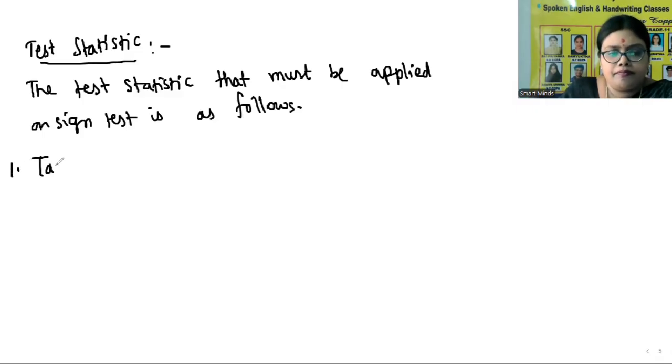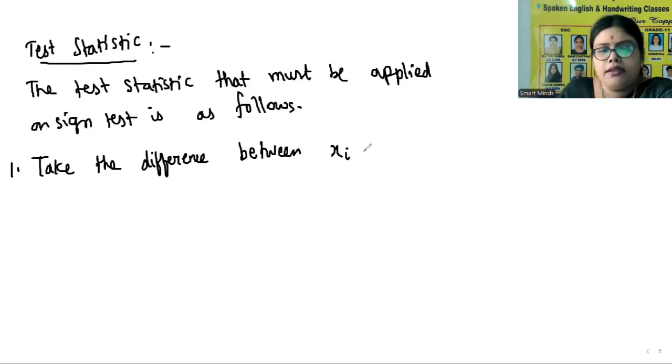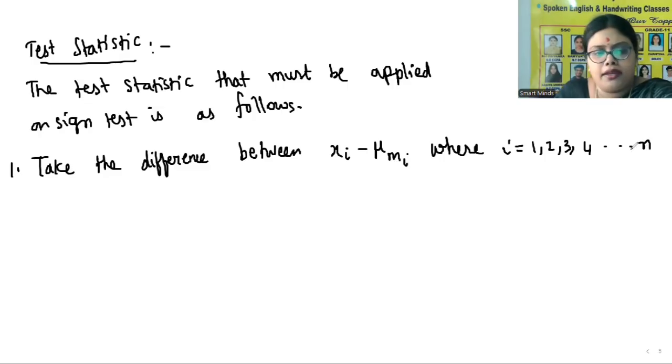Number 1, take the difference between xi minus mu mi, where i is equal to 1, 2, 3, 4, so on up to n.